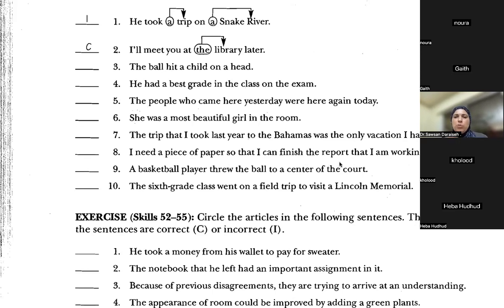Maybe this person wants to write notes or work on it. But here, this is specific and it's fine. The report, not a report. Why? That I am working on. This is why I want the paper, because I want to work on the report, not a report. This is how they have specified it, by saying that it's something they've been working on for a while. Thank you so much.